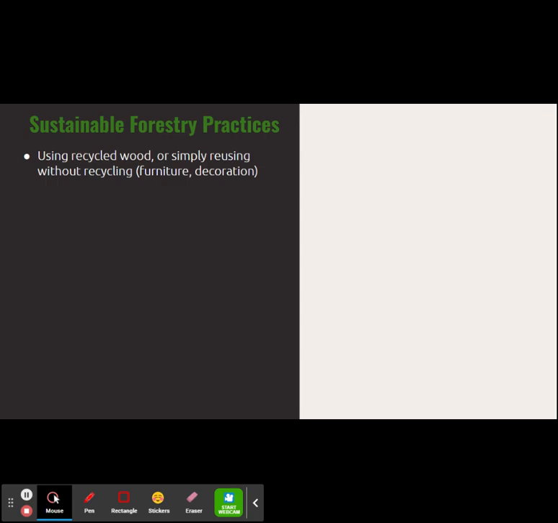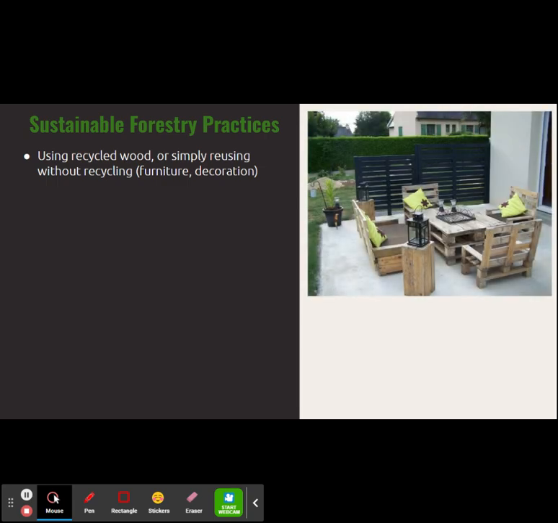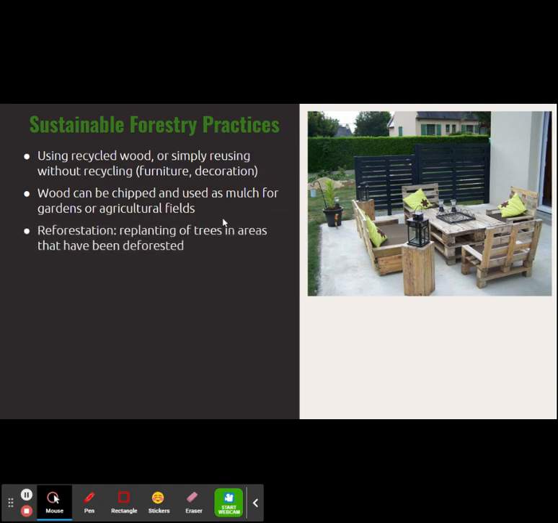Using recycled wood or simply reusing without recycling, like Facebook Marketplace, thrifting, refurbished wood, is all way better than buying new and promoting the lumber industry. Wood can be chipped and used as mulch for gardens or agricultural fields.